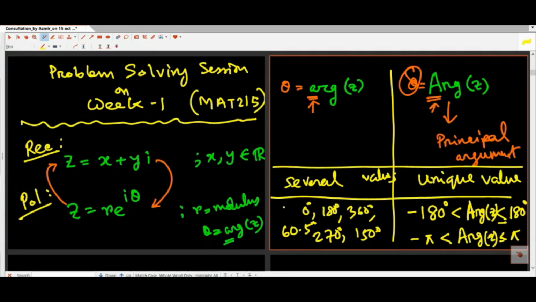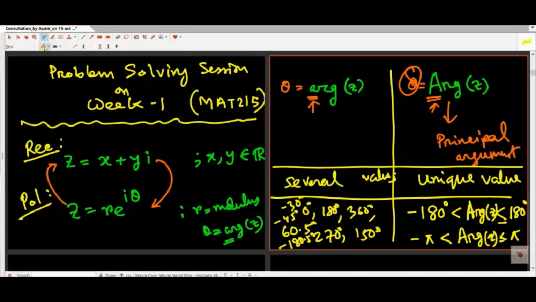We can also think about negative values, negative 30 degree, negative 45 degree, negative 180.5 degree. So principal argument can take only one value in between minus 180 degree to 180 degree or equal to 180 degree. But this argument is a form where we can take several values.